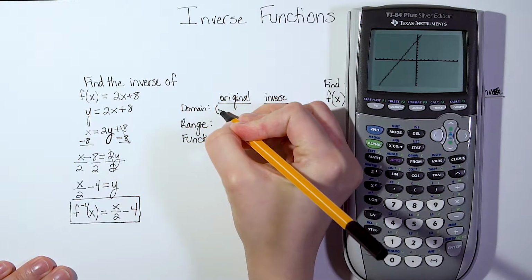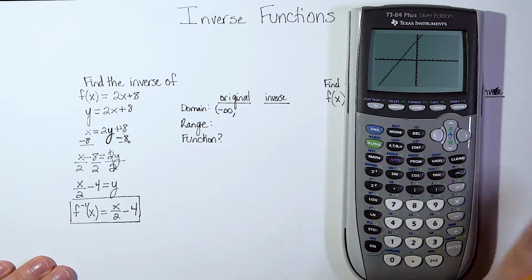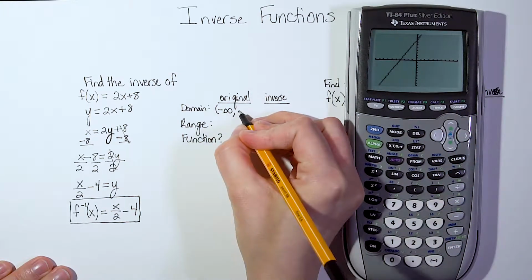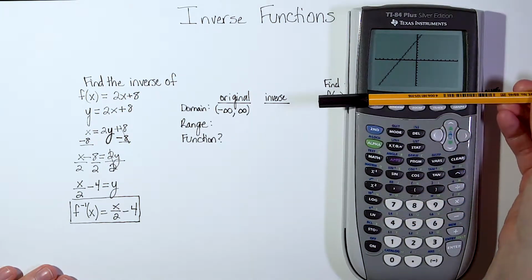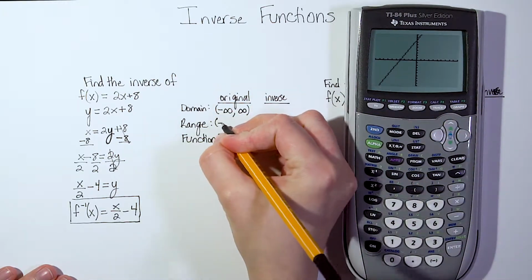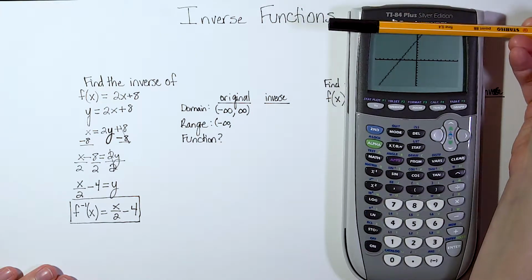Remember, negative infinity and positive infinity always get parentheses, never brackets. Reading from the right, the first thing I touch is positive infinity. So my domain is all real numbers, negative infinity to positive infinity. For the range, the first thing I touch is an arrow, so that's negative infinity. We also hit an arrow at the top, so positive infinity.